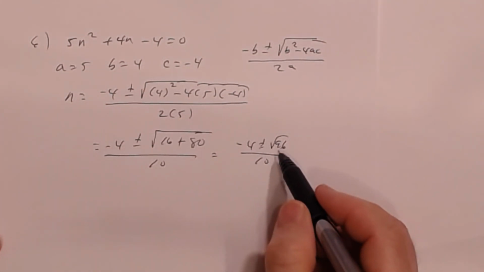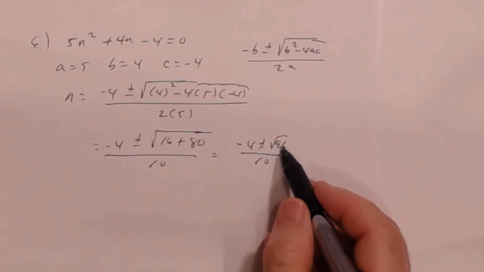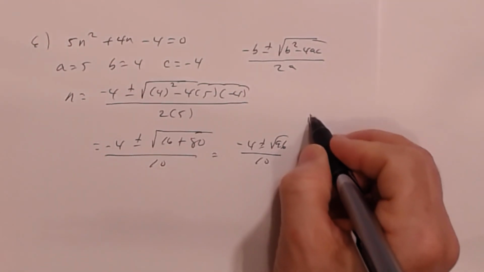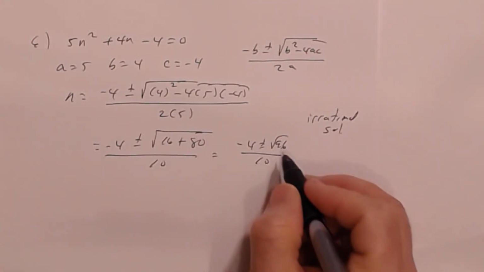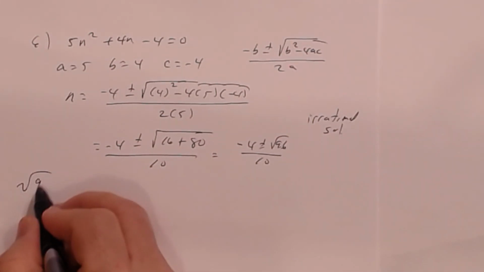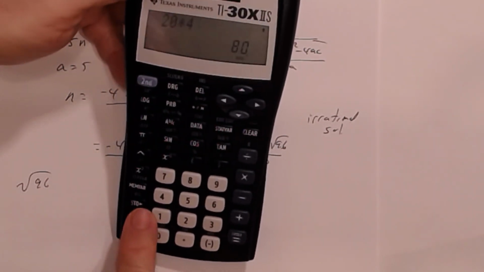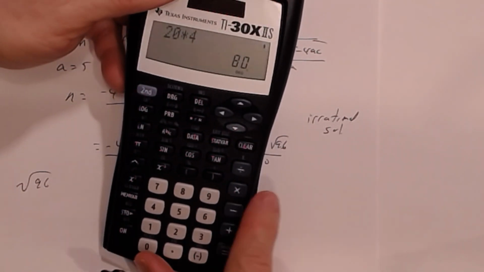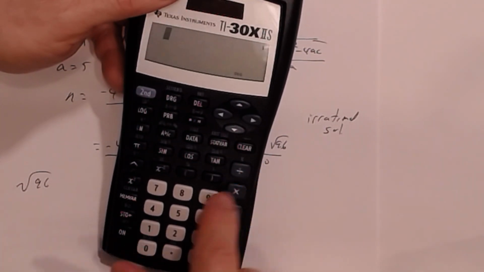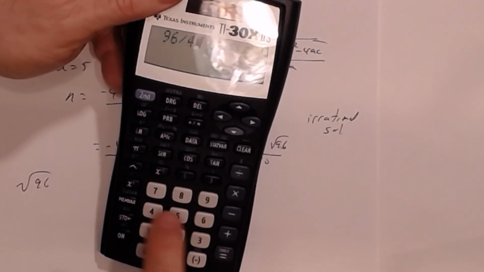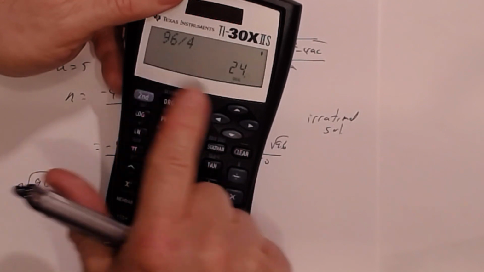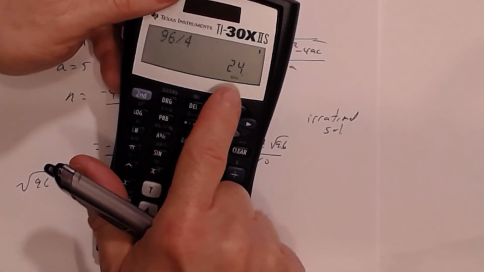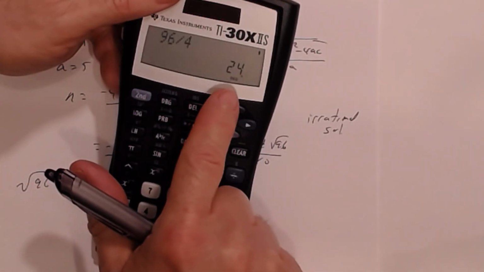All right, so let's look at that square root of 96. 96 is not a perfect square, so we end up with irrational solutions. But let's see if I can simplify the square root of 96. Let's see if 96 is divisible by 4. And it is. 4 times 24 is 96, but look at that 24. Is there another perfect square that goes into 24?